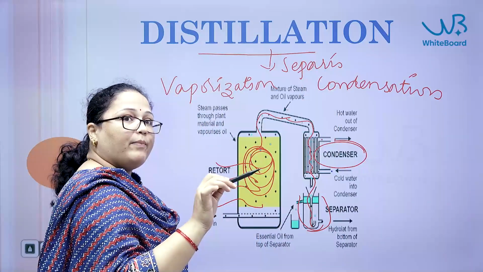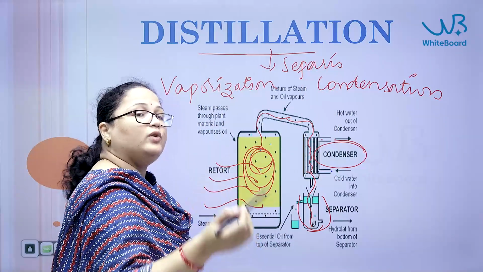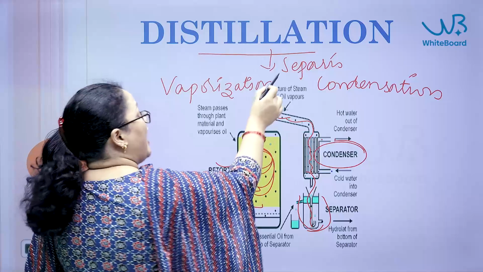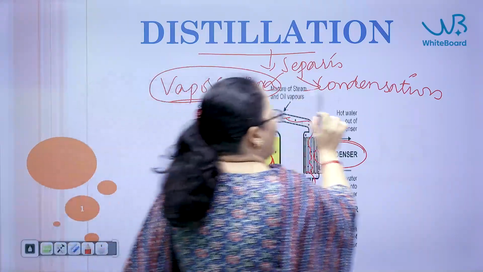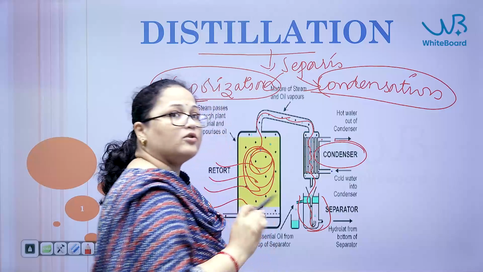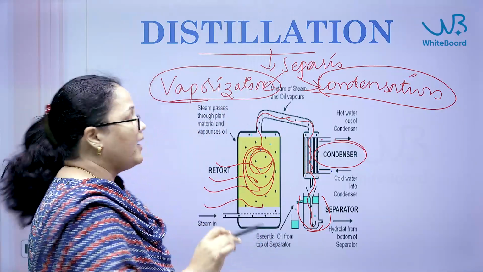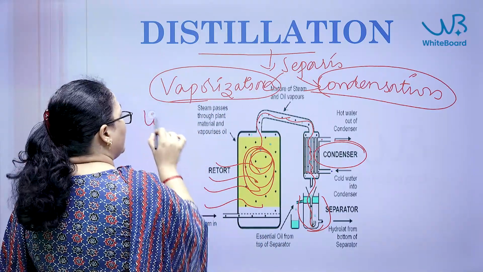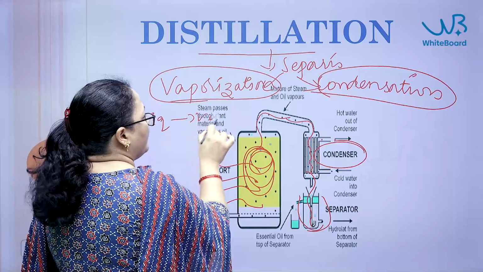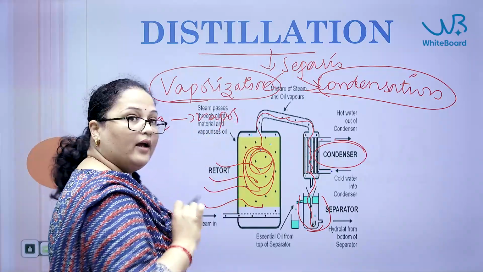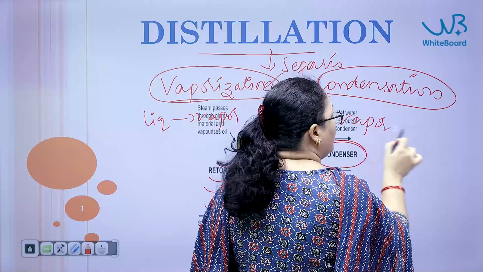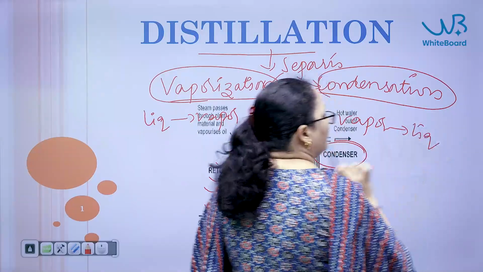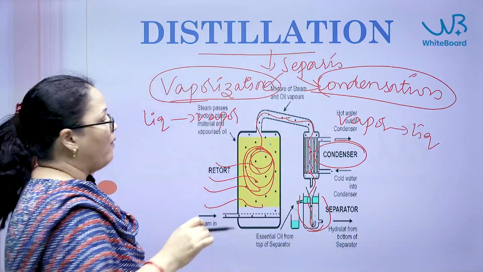Separation of liquid mixtures into the individual components is achieved by using the vaporization process as well as the condensation process. What is the meaning of vaporization? You are converting the liquid to vapor. Next, what is condensation? Again, the vapor is converted into the liquid form.